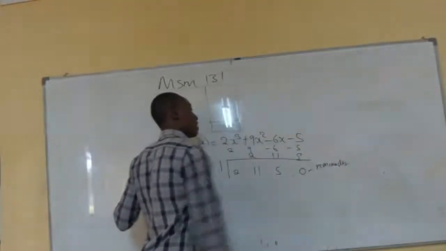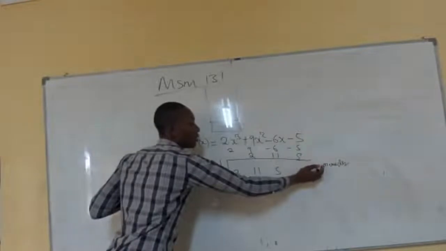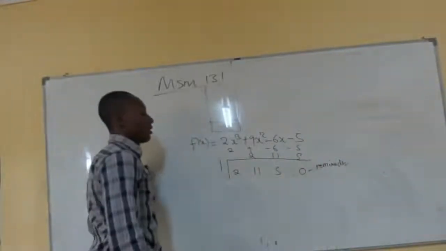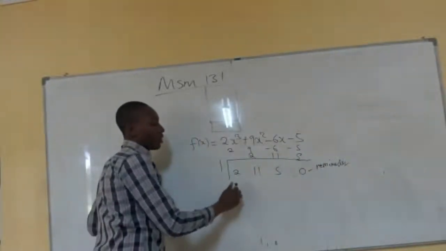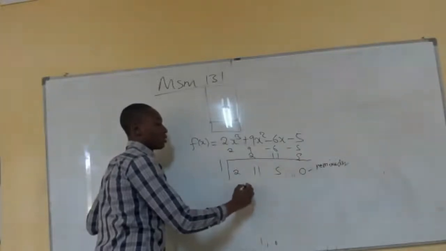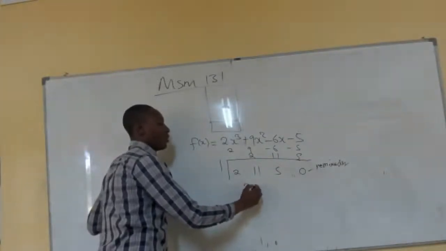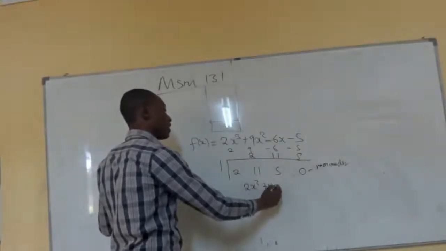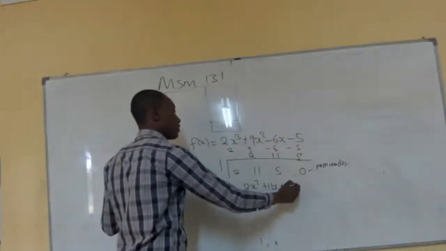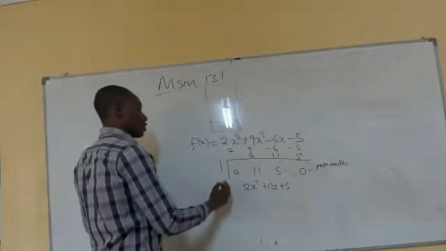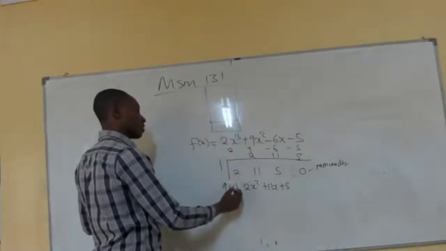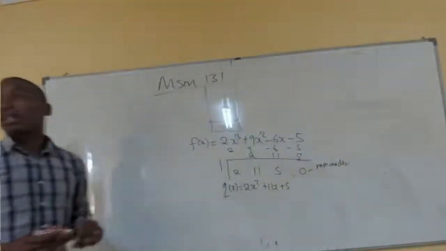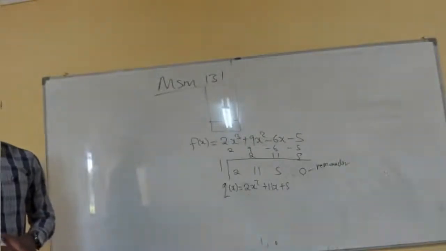So 0 is the remainder. Then we write the quadratic equation we produce from this row: 2x squared plus 11x plus 5, alright? So this is called Q(x).